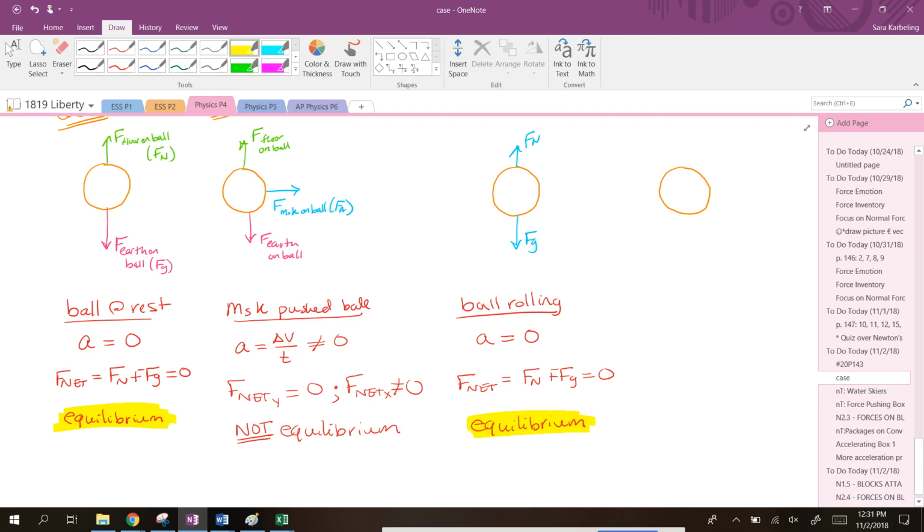You look at case A and you look at case C, and there is nothing different between them. It's not changing its speed. It's not speeding up or slowing down or changing direction. It's not accelerating. You with me there? It's weird. But it's true.